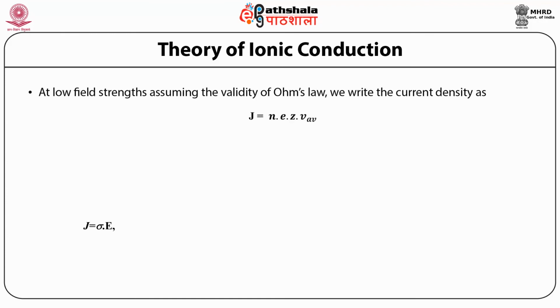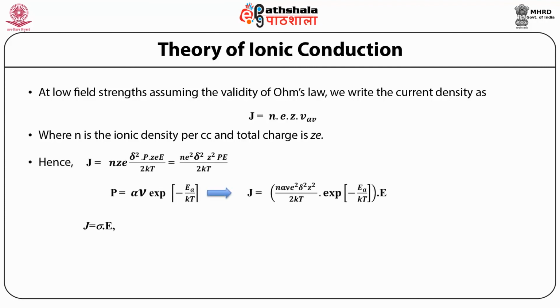Now, at low field strengths, assuming the validity of Ohm's law, we write the current density, that is J, is equal to NEZ into V average, where N is the ionic density per cc and total charge is Ze. Hence, J is equal to NZE delta square PZEE by 2KT, which is equal to Ne square delta square Z square PE by 2KT.